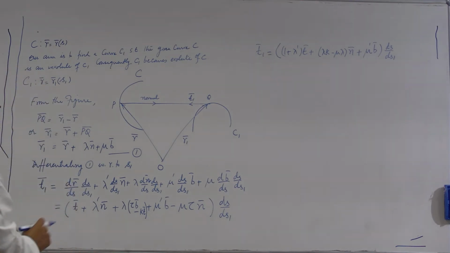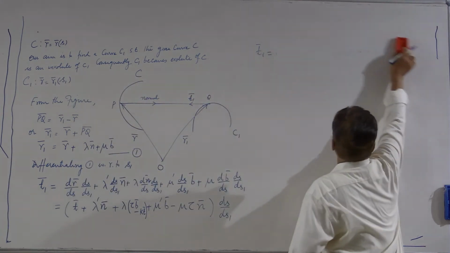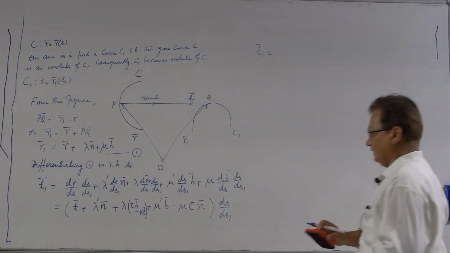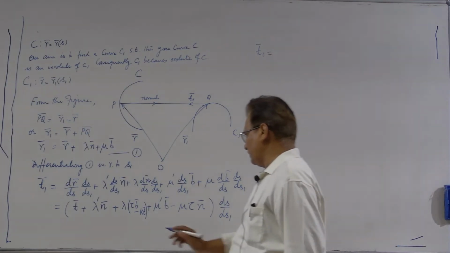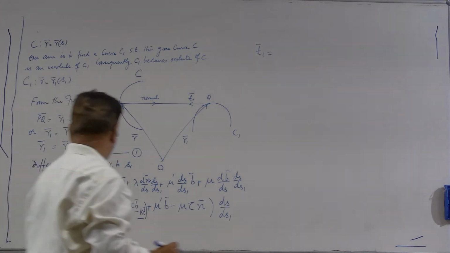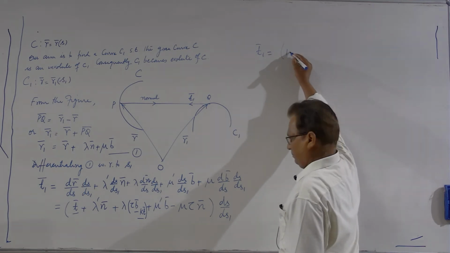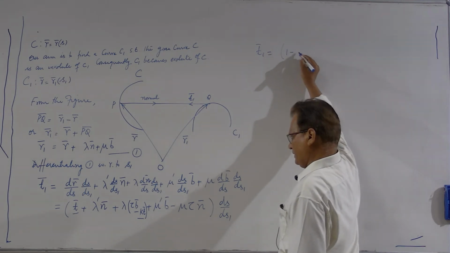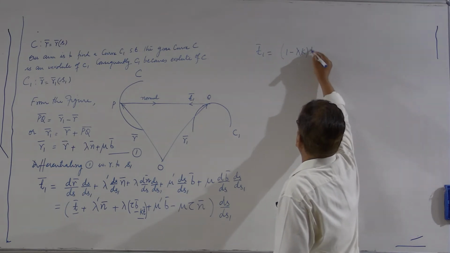Plus mu dash into b plus mu, rest of the terms are fine. So, let me change it. So, there are only two terms for t, one is here and the other one is here. So, we will be getting 1 minus lambda k into t.